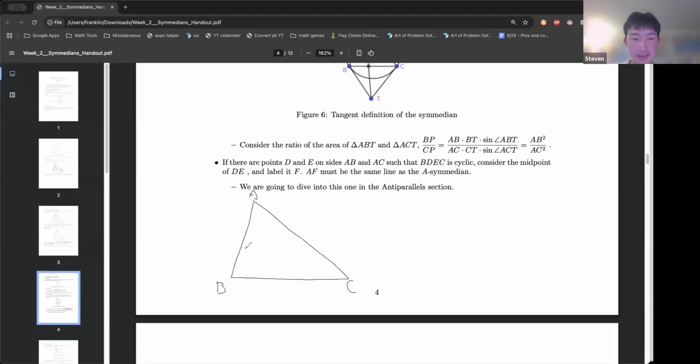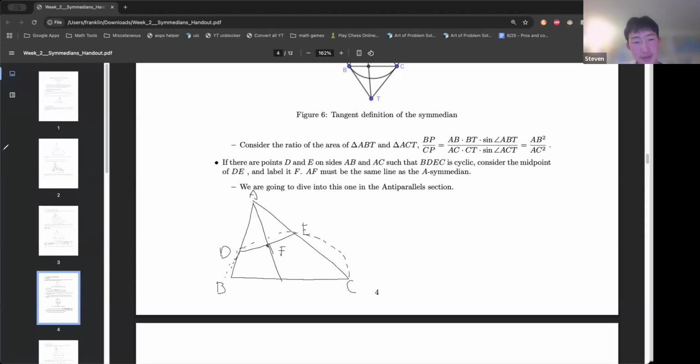But this one is relatively advanced, so it states that for triangle ABC, if D and E are on sides AB and AC, if somehow BDEC happen to be cyclic, meaning that they lie on the same circle, and if you consider the midpoint of DE, and call that point F, we claim that F is going to lie on the Symmedian, meaning that AF indeed forms the Symmedian.